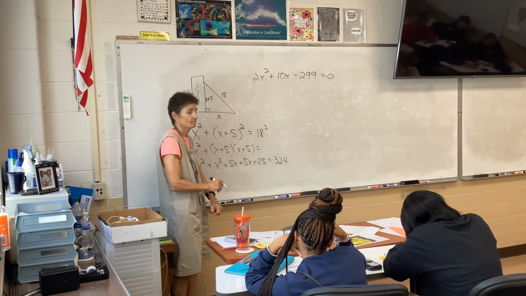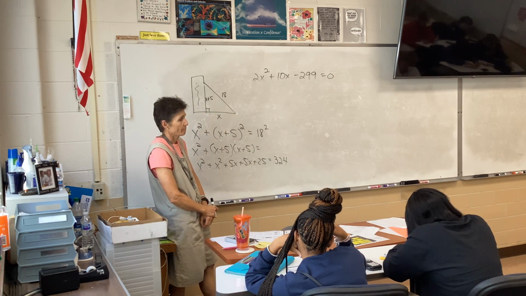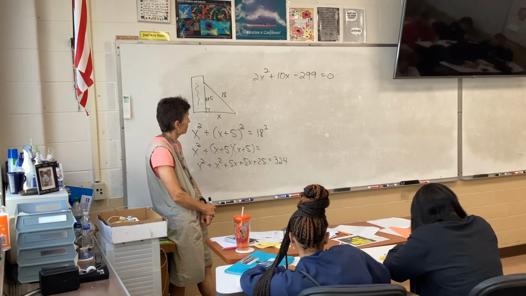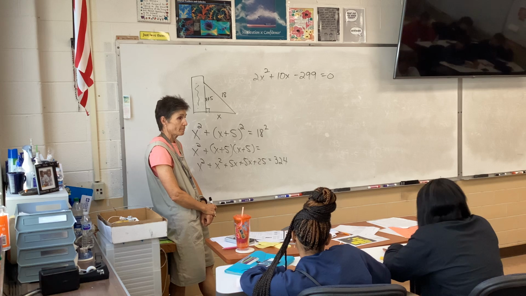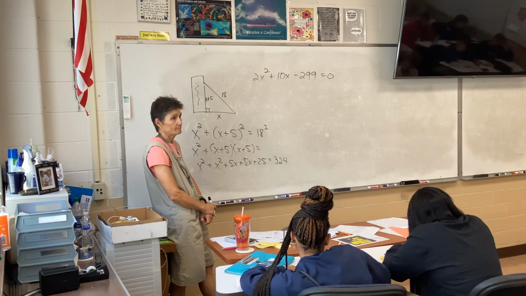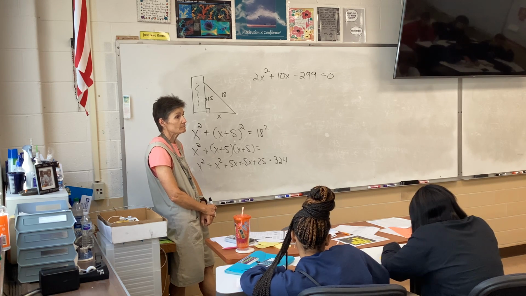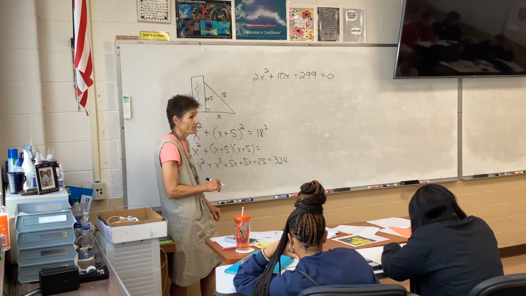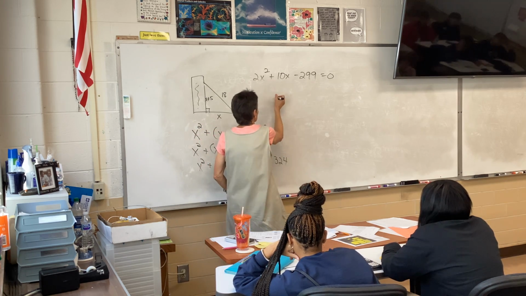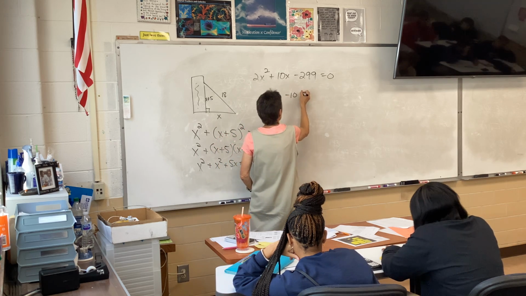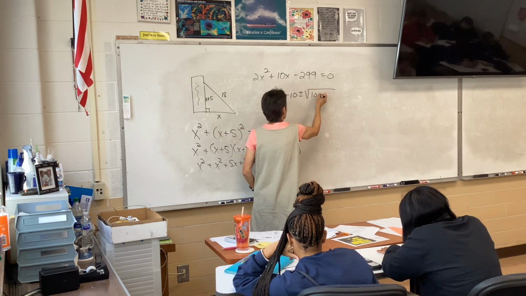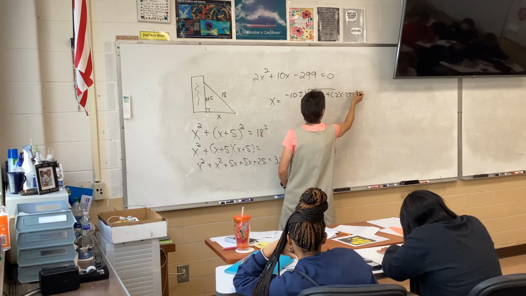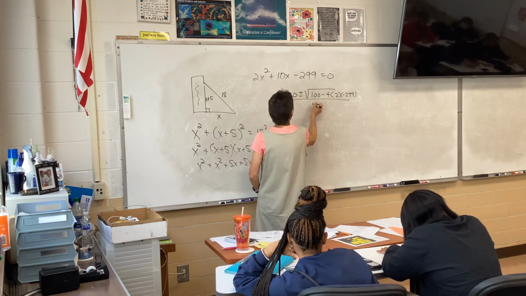Yuck. Now what? The quadratic formula. So we could use the quadratic formula. That would be an option. So x equals negative b plus or minus the square root of b squared minus 4. Oh, it's gonna be a big number, but I got a calculator, so I'm okay.